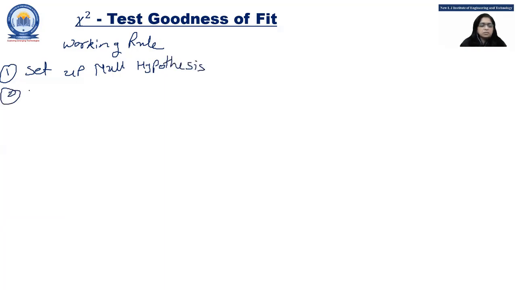Next one is set up the alternative hypothesis. Third one, that is the level of significance alpha.